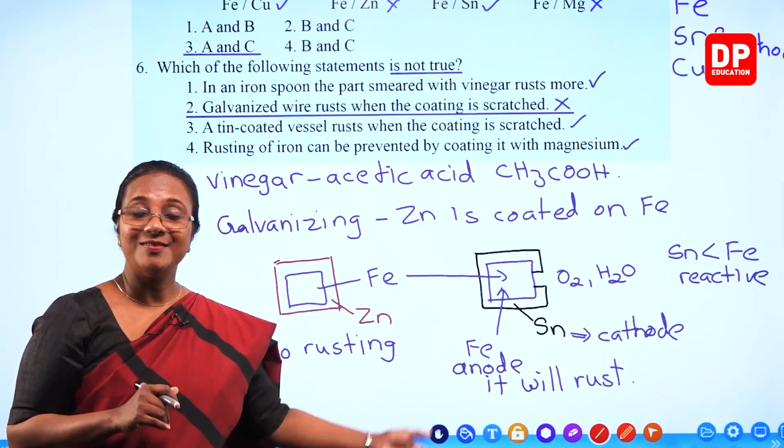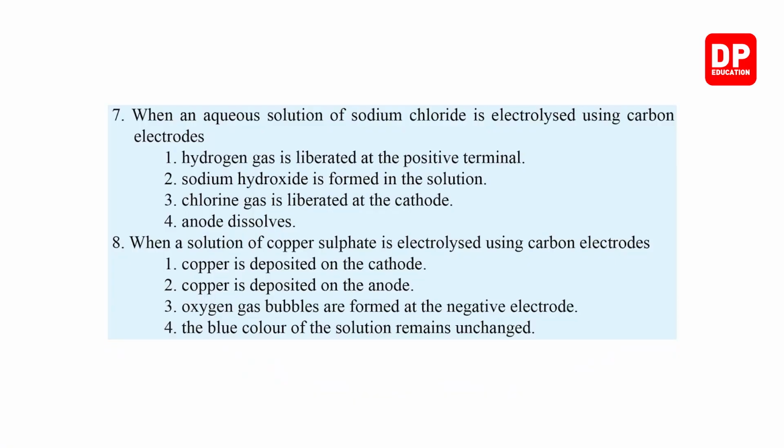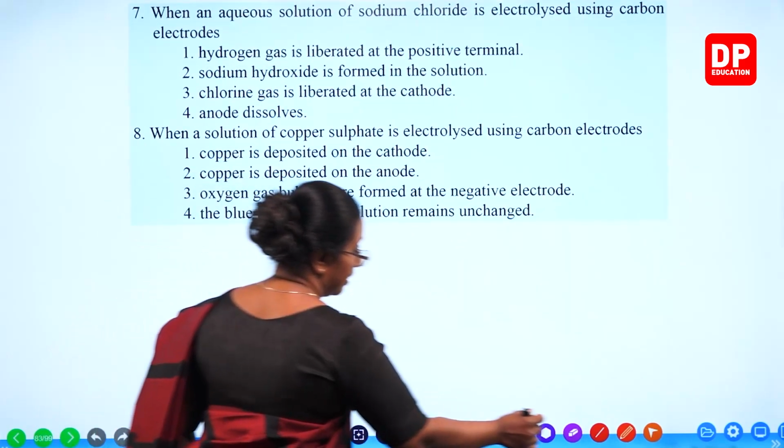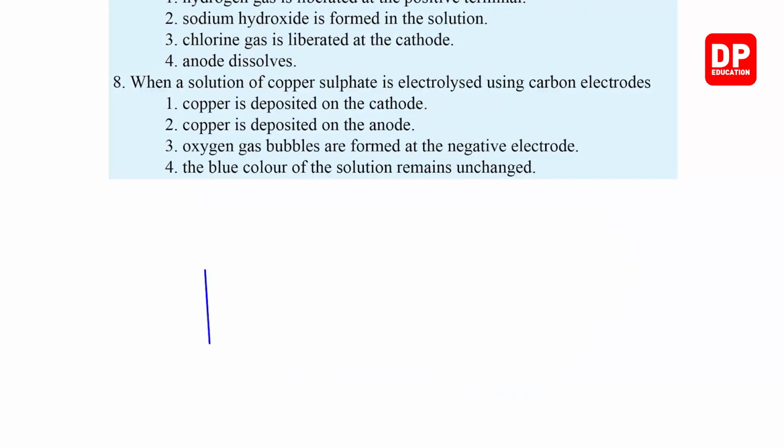So with that, I will move on to the next question. Question number 7. When an aqueous solution of sodium chloride is electrolyzed using carbon electrodes. So this, of course, we will consider as an electrolytic cell. Here we have the electrolytic cell, the electrodes, and the power supply.